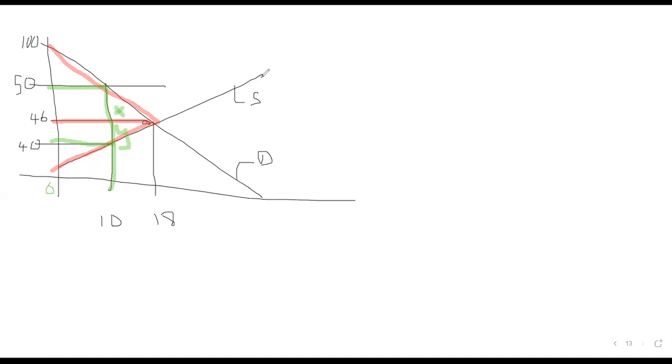So this area X and Y, we're going to illustrate this. For X, the distance from here to here is 4. The distance from here to here is 8. When we go to this one, our Y, this is the same 8 from 10 to 18. From 46 to 40, this is 6. So the area of this one is the same, half base times height.